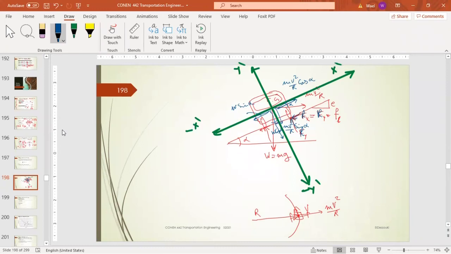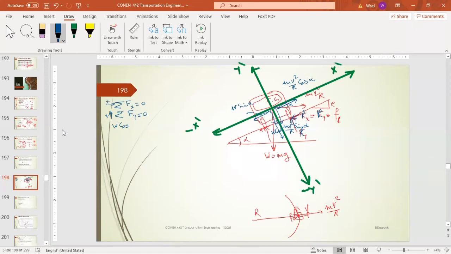So if we go to the basic equilibrium equations, we have summation of fx equals 0, summation of fy equals 0. So for summation of fy, going up is positive, and here going this way is positive.